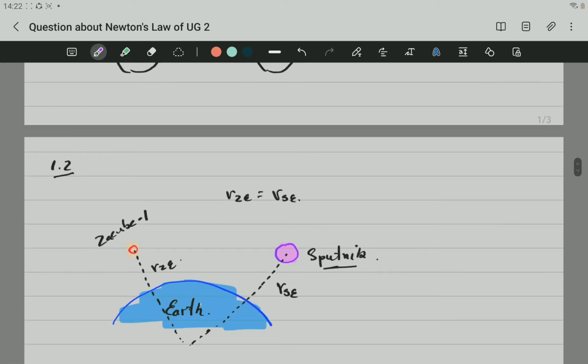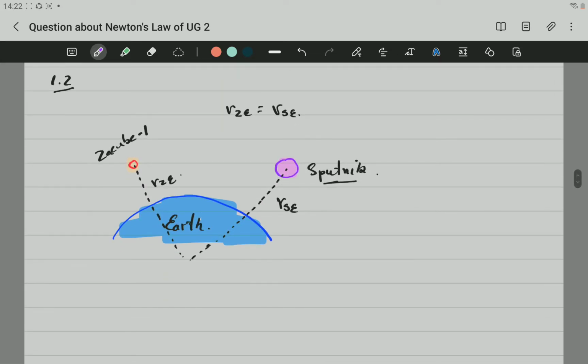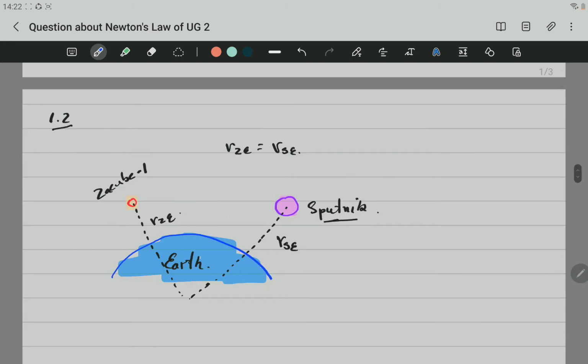So for that question here, we make a small picture to understand what is going on. Here we have the Earth, the Zakube, and Sputnik. Now what is important? The distance is the same. They say the distance is the same.